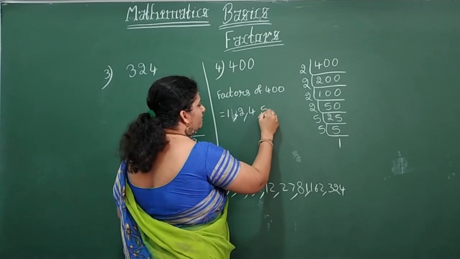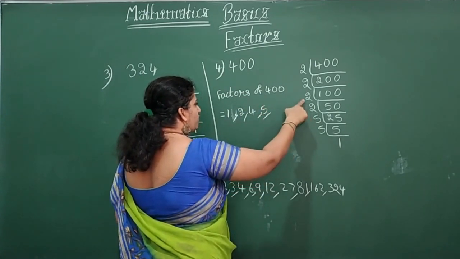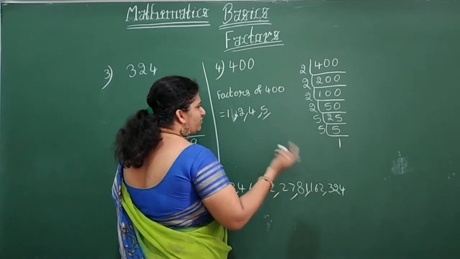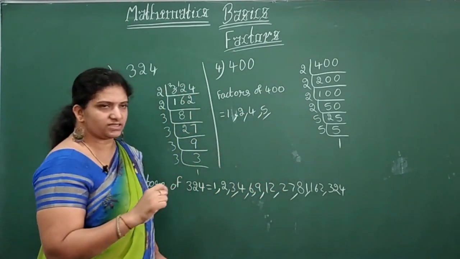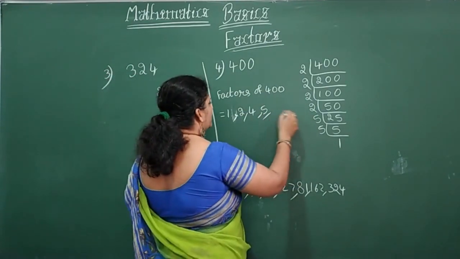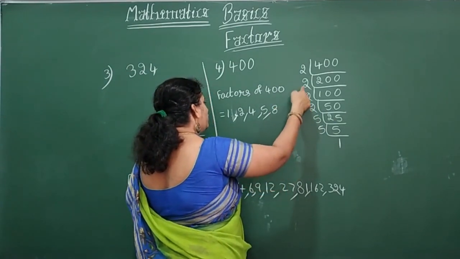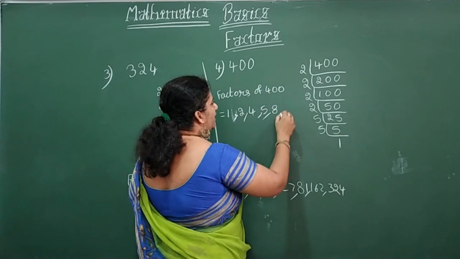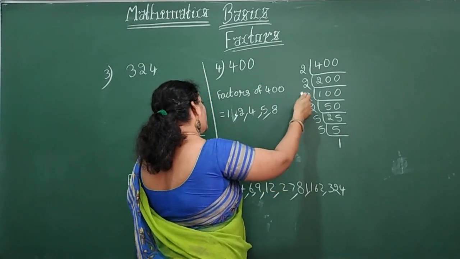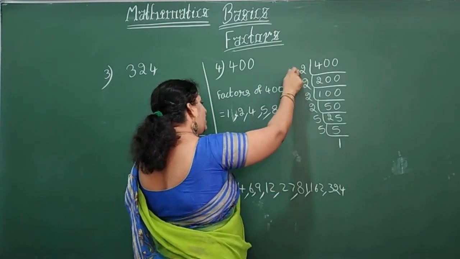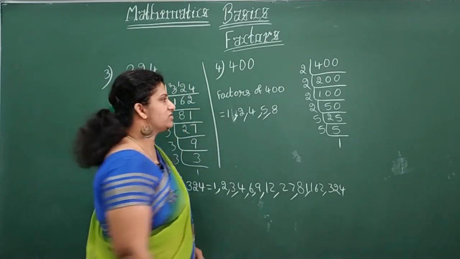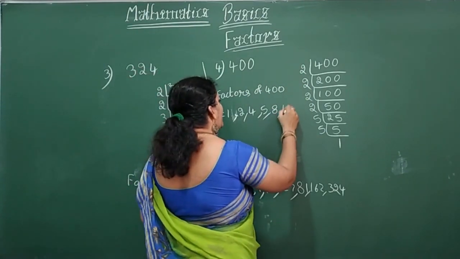Then 5, 6, children. 2 2s are 4, and you don't have any 3 to multiply, so you won't get 6. So 6 is not a factor. 7 is not a factor. 8: 2 2s are 4, 4 2s are 8, you are getting it. Then again 4 2s are 8, 8 2s are 16. So 16 is also a factor.